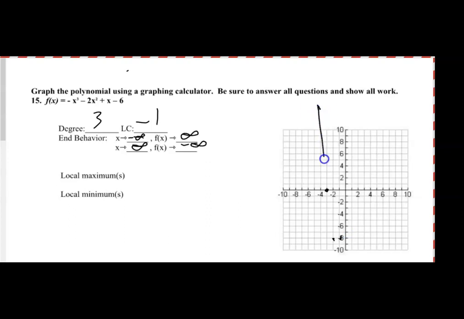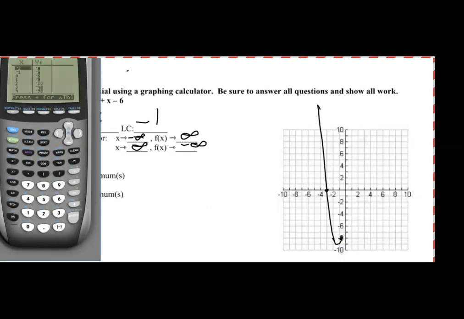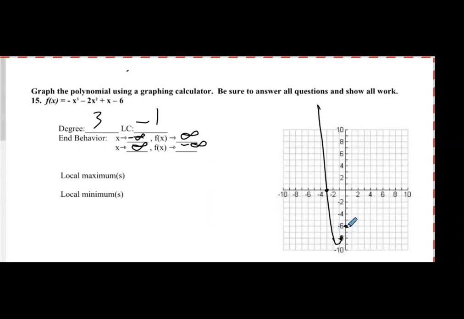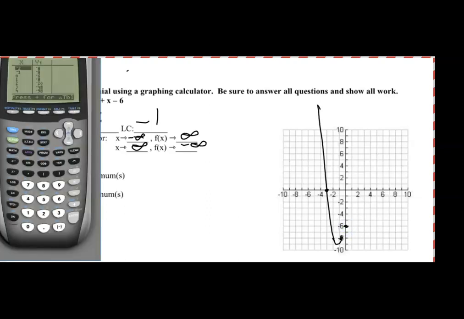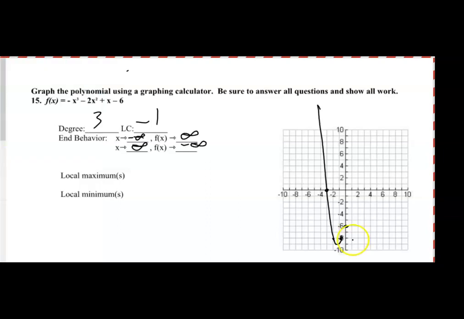Which means it is dipping down somewhere below that. What's my y-intercept? 0, -6. And then we have 1, -8. So it comes up here and goes back down. And actually goes a little bit above the -6 there.